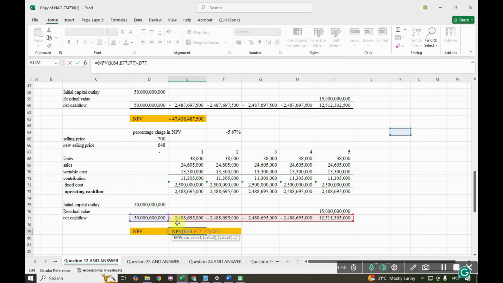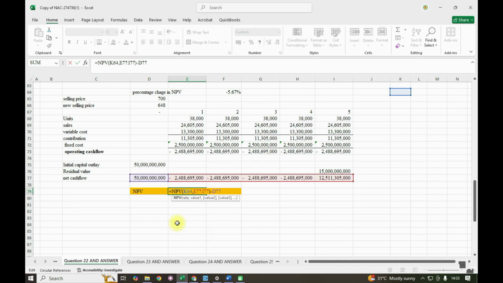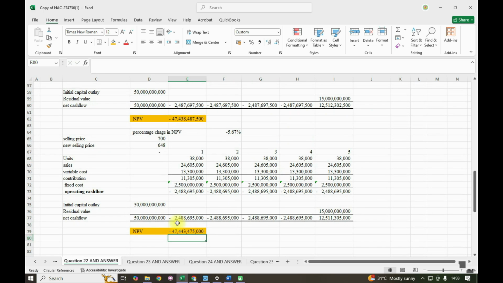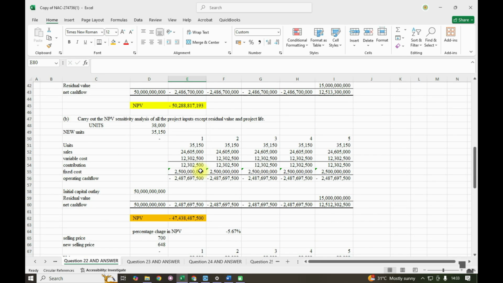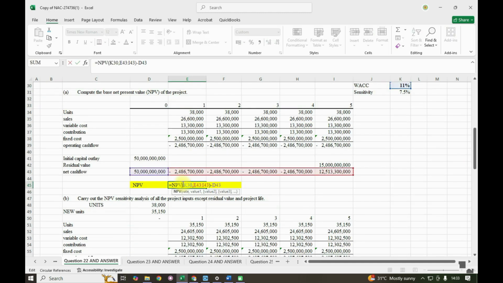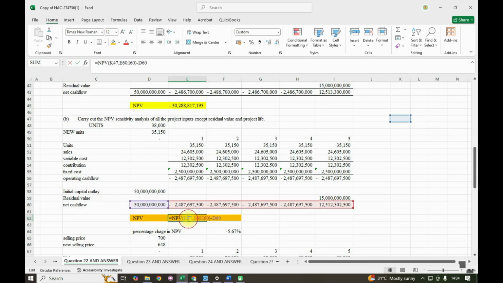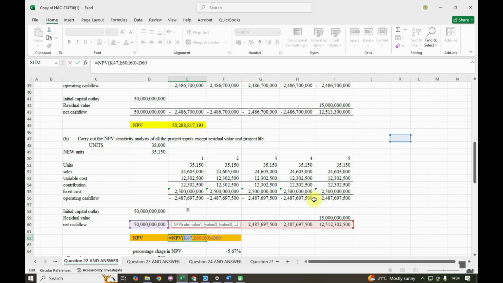You can see that it is picking a wrong rate. Our rate was 11% here. So this was for the base. For this one, you can see it picked the wrong rate. Here, K47, this was the wrong rate.